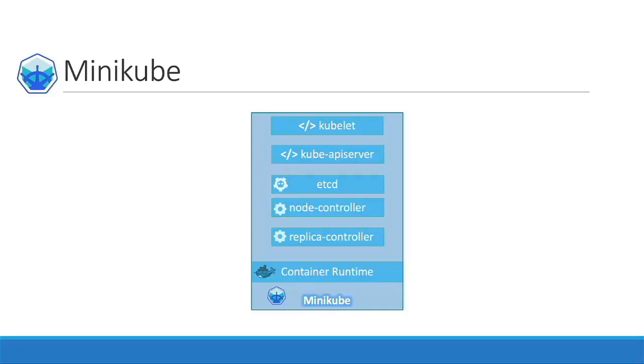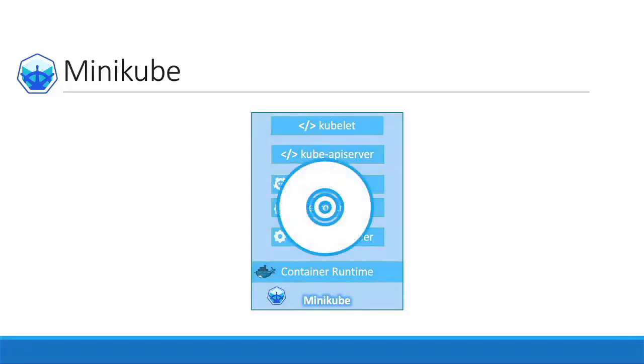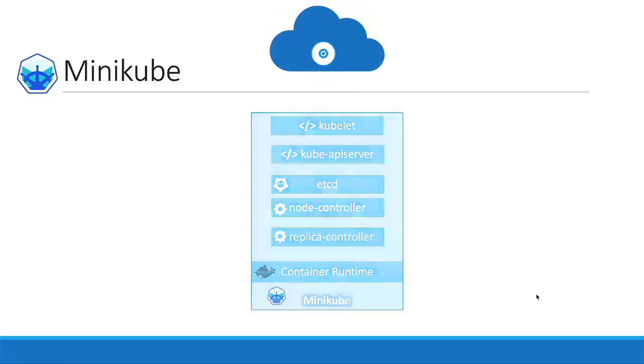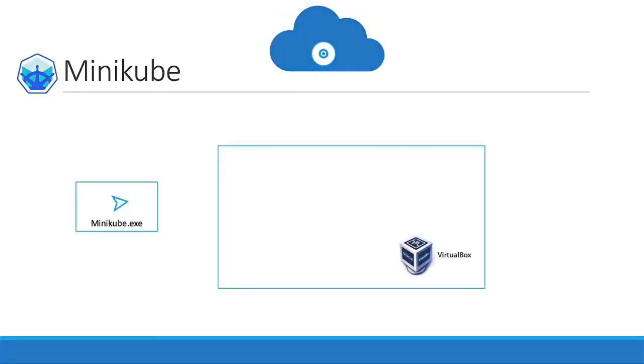The whole bundle is packaged into an ISO image and is available online for download. Now, you don't have to do that yourself. Minikube provides an executable command line utility that will automatically download the ISO and deploy it in a virtualization platform such as Oracle VirtualBox or VMware Fusion. So you must have a hypervisor installed on your system.